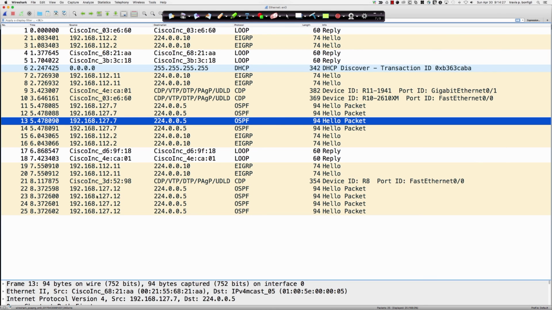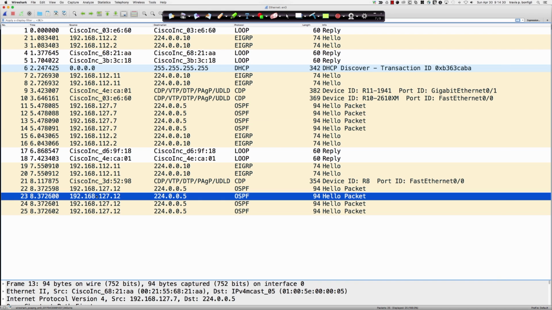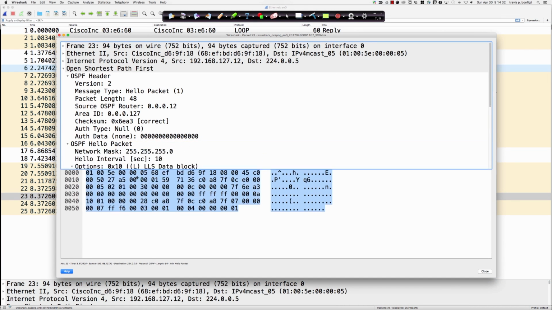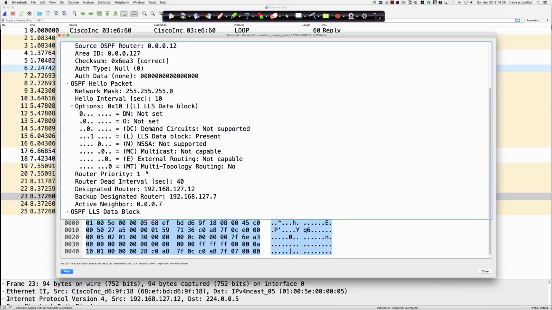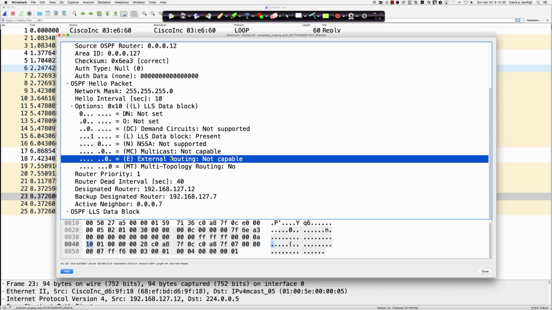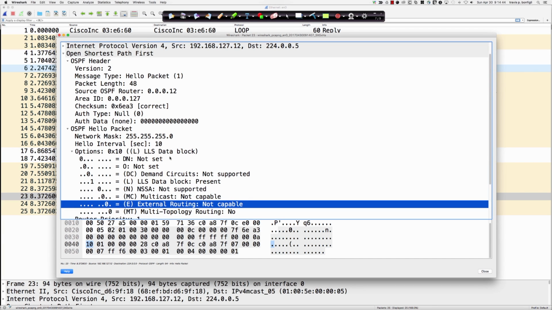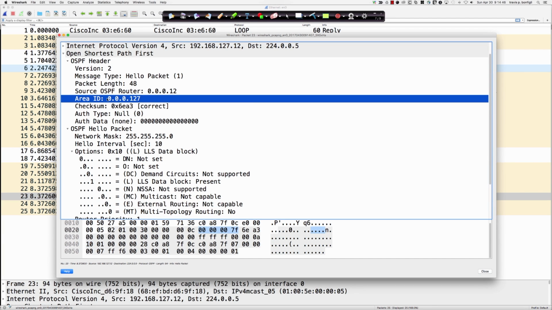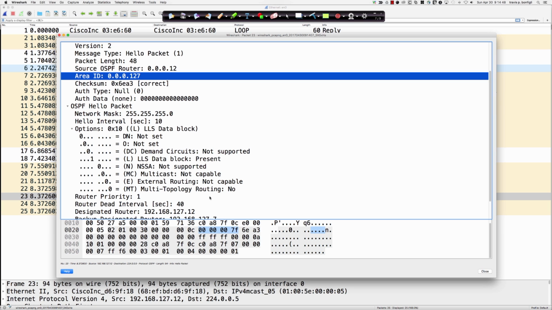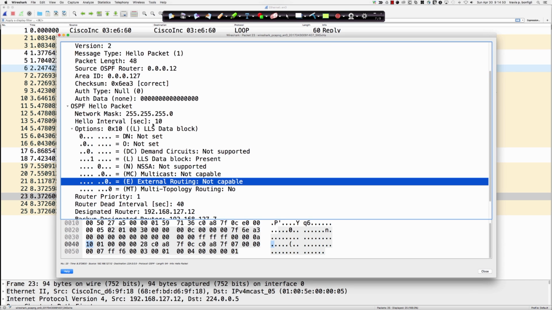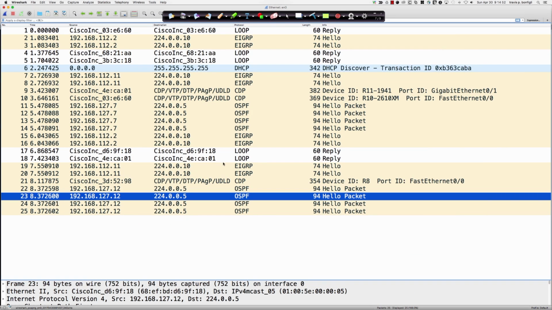Here's 12 sending hello packets, right? And what do we see? External routing capable? Not capable. Because again, for area 127, there's the area ID, it's been set so that it is not capable. We've made it a totally stubby area.